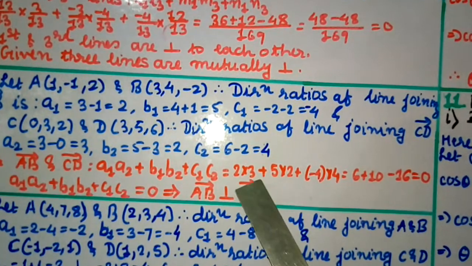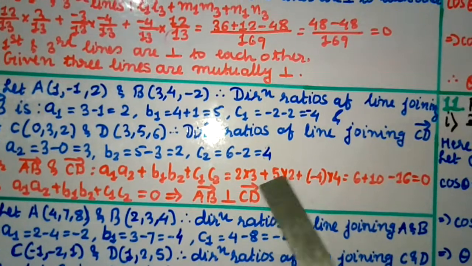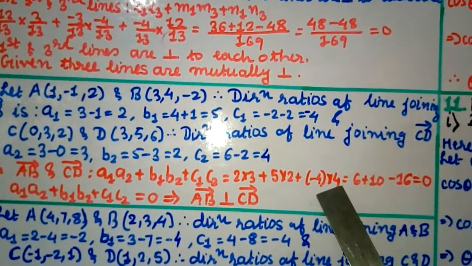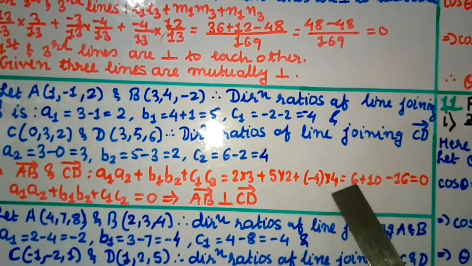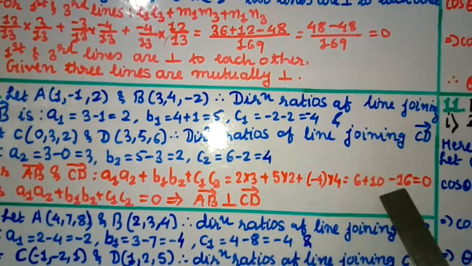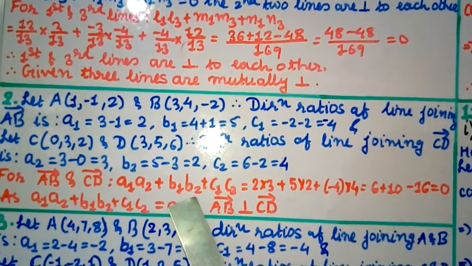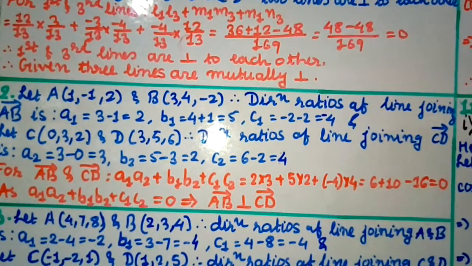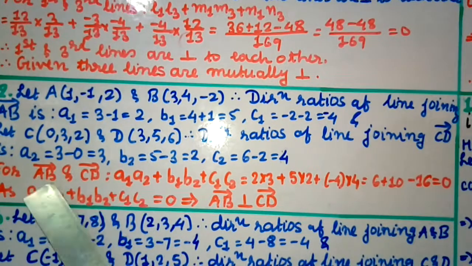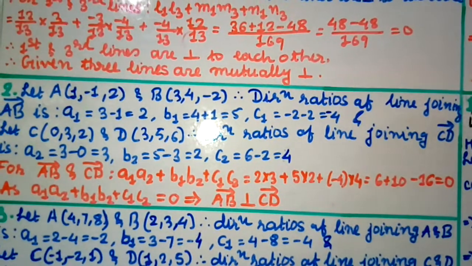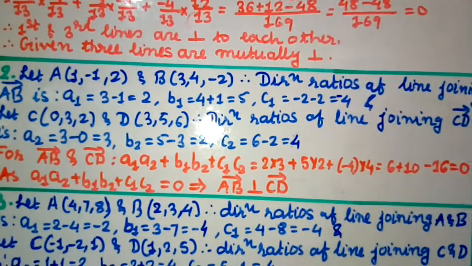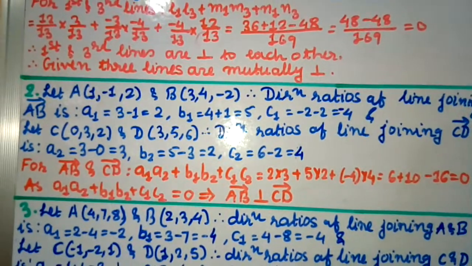That equals 6 plus 10 minus 16. Now 10 plus 6 is 16, and 16 minus 16 equals 0. So we proved that a1a2 plus b1b2 plus c1c2 equals 0. If this is 0, that means these two vectors are perpendicular to each other. That means AB is perpendicular to CD, hence proved.